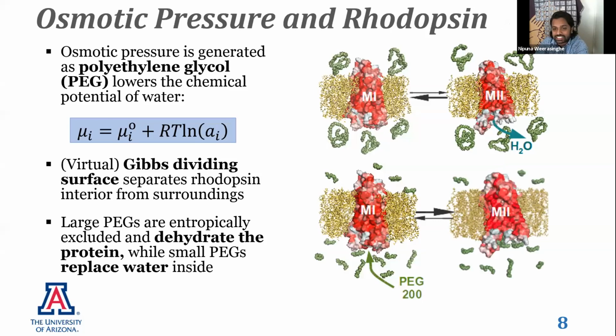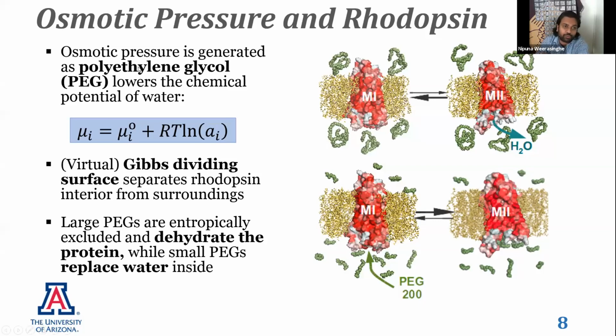Our assumption is that when we have a higher osmotic pressure, it will favor the more dehydrated conformation. And according to what we already talked about, M1 is the more dehydrated state, so higher osmotic stress should lead to less M2 state and more M1 state.